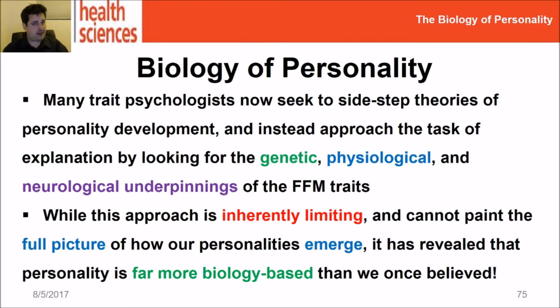Like I was saying before, the 5-factor model approach is completely atheoretical. It doesn't have an underlying explanation for why these traits are the way they are, but there are researchers in the world right now who are saying, yeah, forget about trying to put together a comprehensive developmental theory. What we need to do is just figure out why the 5-factor model comes out the way it does, and then maybe that'll give us clues that we just otherwise never had to figure out how personality gets to the levels that it eventually has.